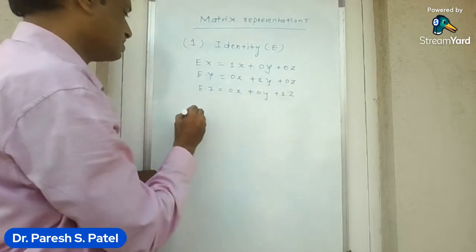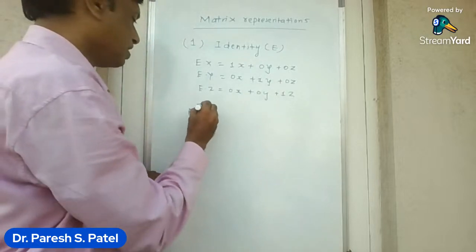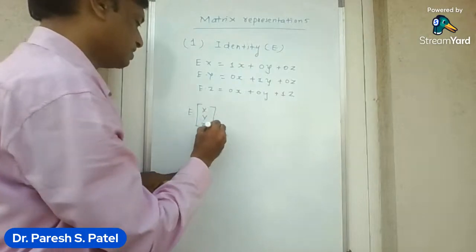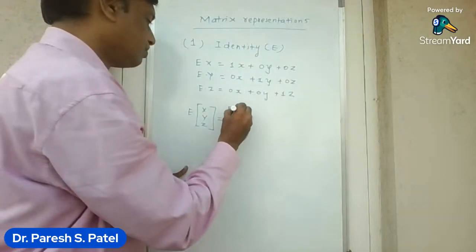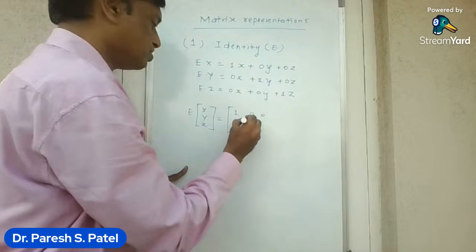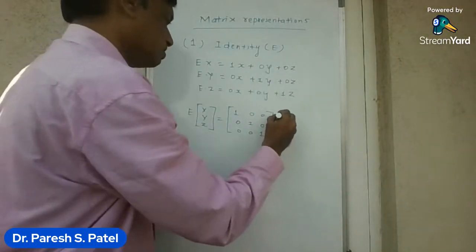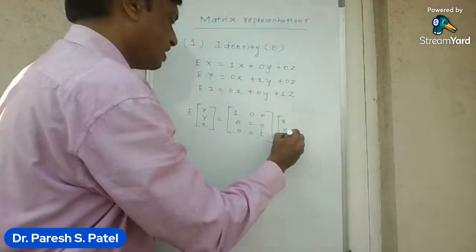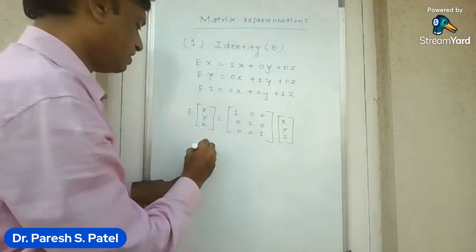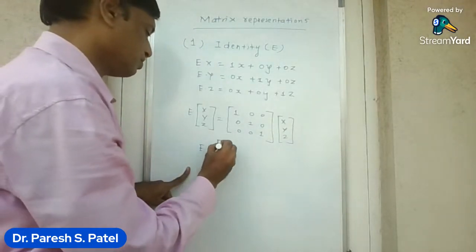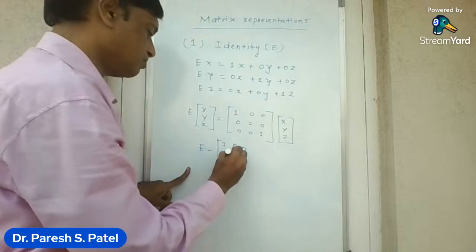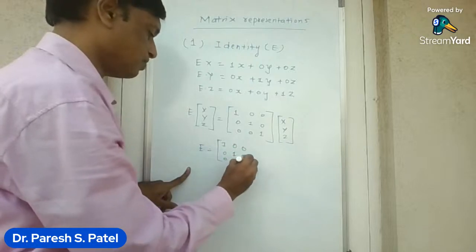So this can be represented as E acting on x, y, z equal to the matrix 1 0 0, 0 1 0, 0 0 1, times x, y and z.